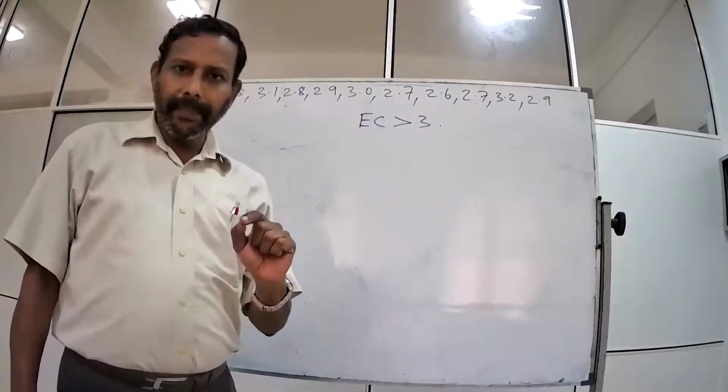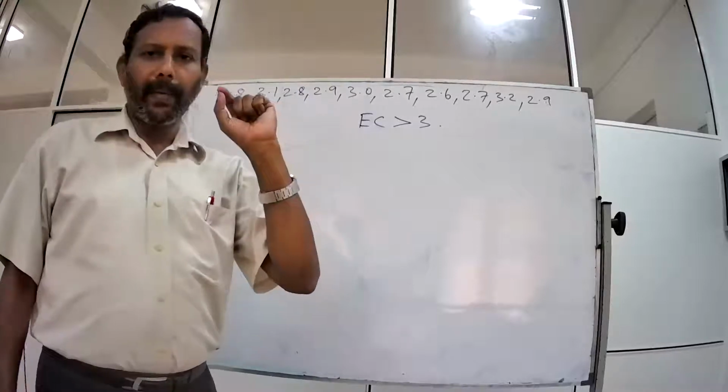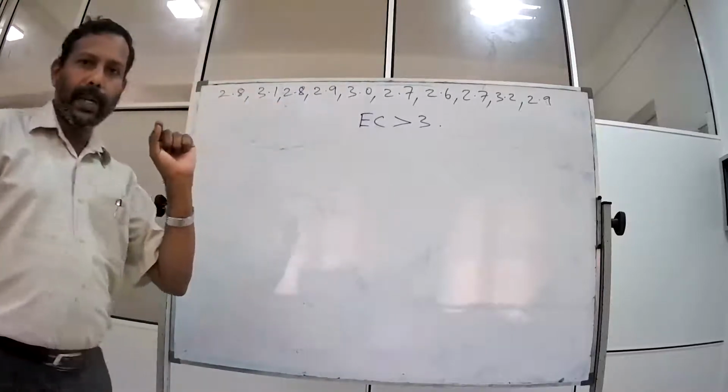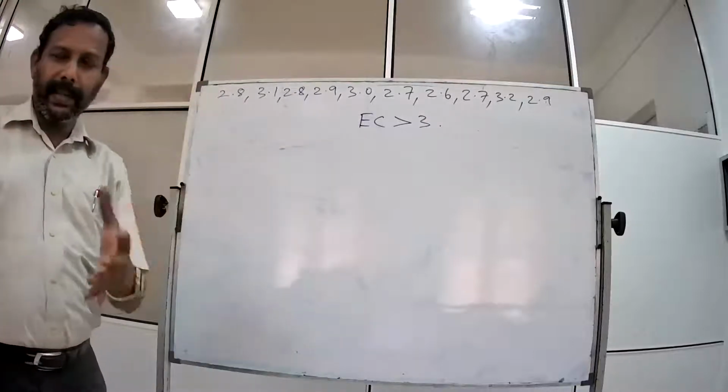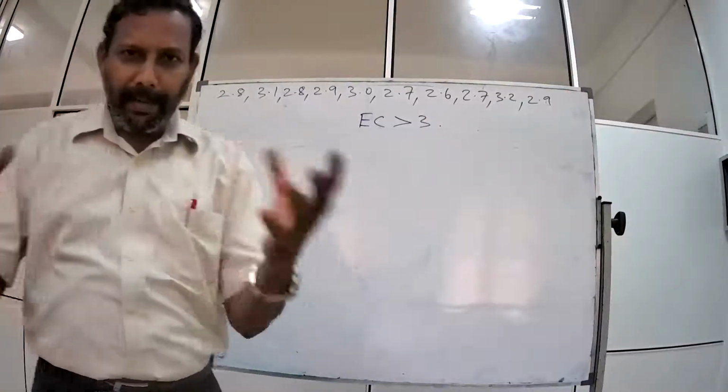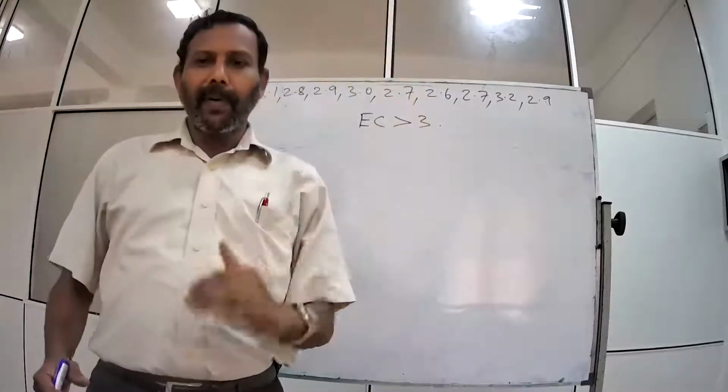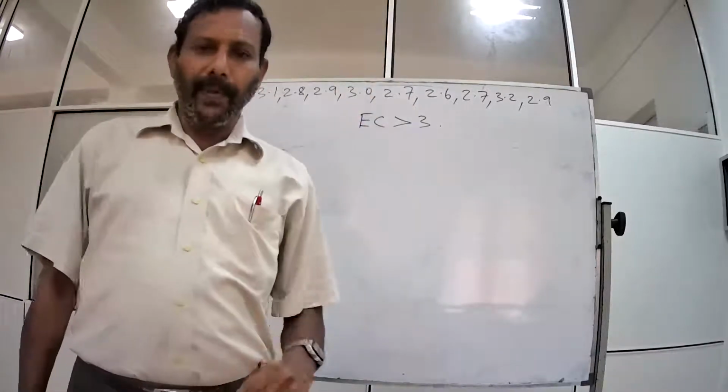Is it clear? Now, there are 4 steps involved. Don't forget, even though the question is very simple, there are 4 steps involved, and you get marks for all 4 steps.